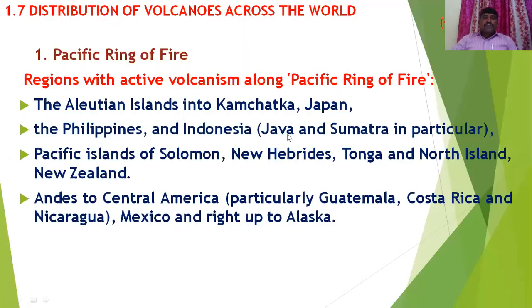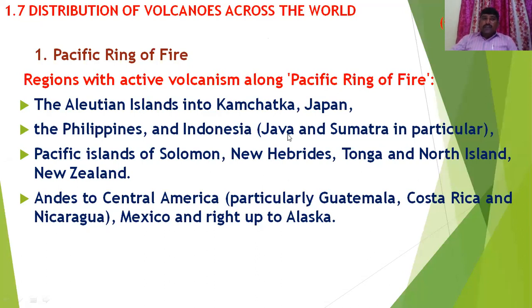The Circum-Pacific region, popularly termed as the Pacific Ring of Fire, which is also known as the fire girdle of the Pacific Ocean, has the greatest concentration of active volcanoes. Volcanic belt and earthquake belt closely overlap along the Pacific Ring of Fire.